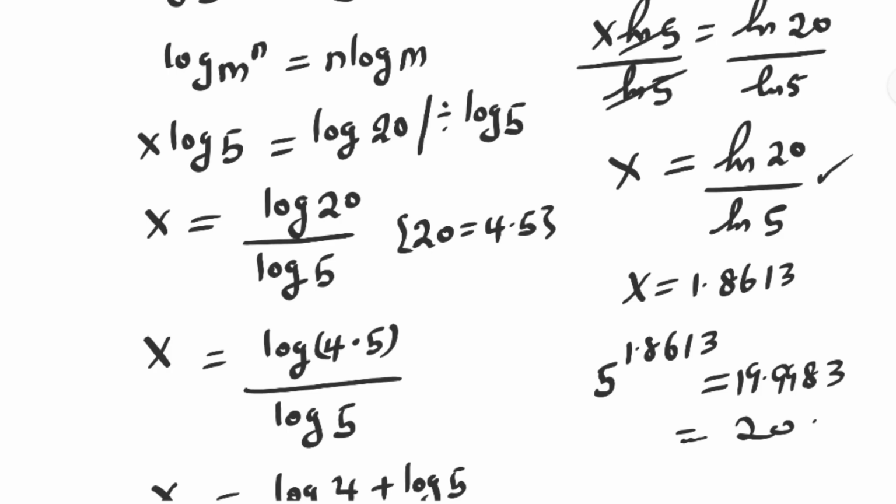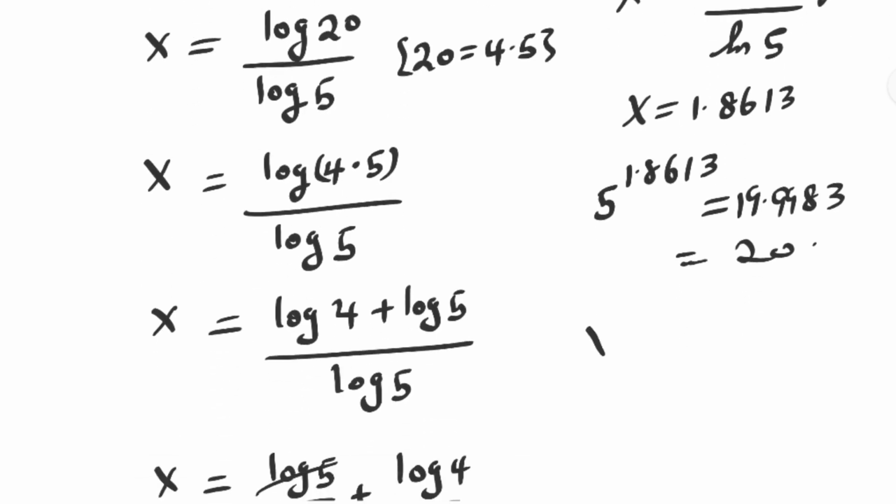But if you expand this further, we have x is equal to ln of 20, which can be written as ln of 5 multiplied by 4, over ln of 5.